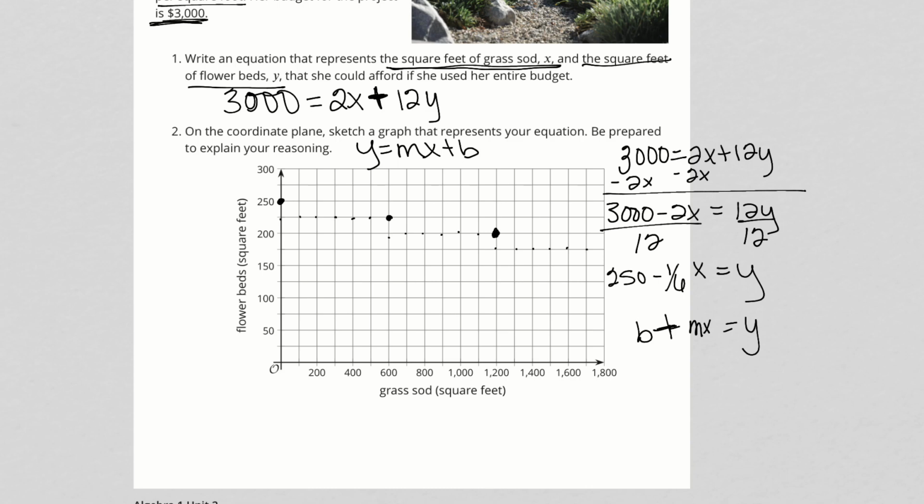And I'm going to go ahead and do my last point, which should be, hold up, I think I messed up there. 1, 2, 3, 4, 5, 6. There we go. Then you're going to connect your dots. If you have a ruler, it would be best to connect them because my line was not very straight.